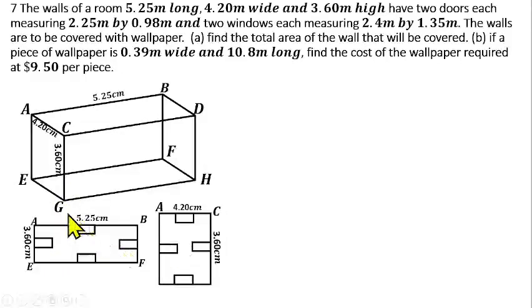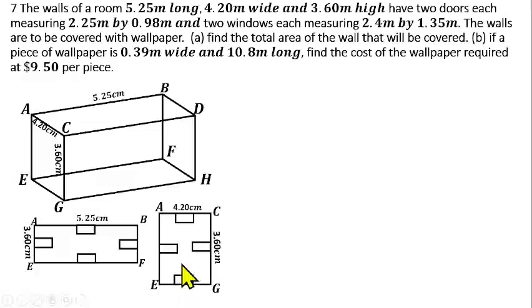Then also the wall facing in, CDGH, has the same dimensions: the length is 5.25 meters and the breadth is 3.60. So whatever we get for this one is the same as for this one as well. Then the second wall, ACEG, has a length of 3.60 and a breadth of 4.20 meters.